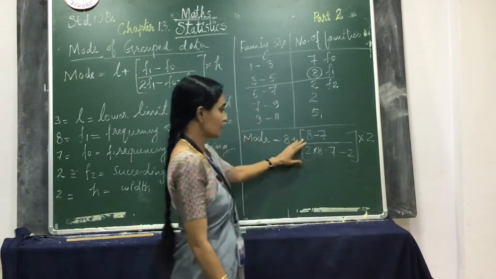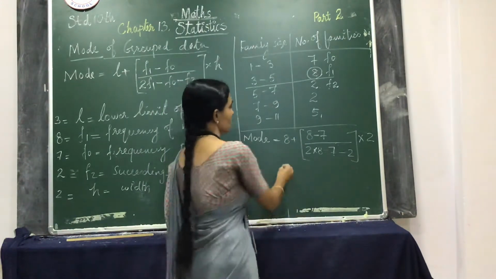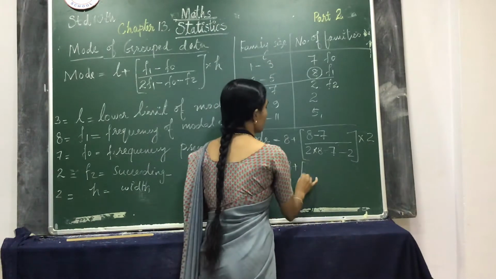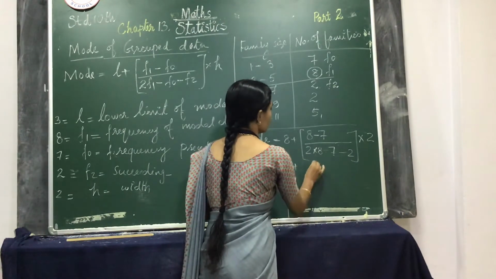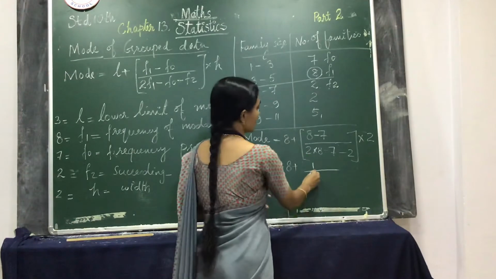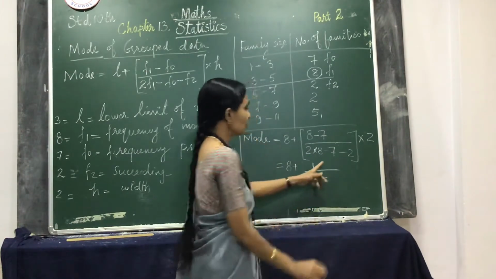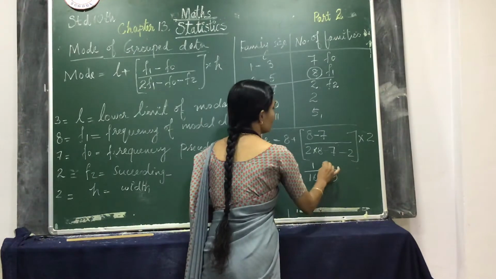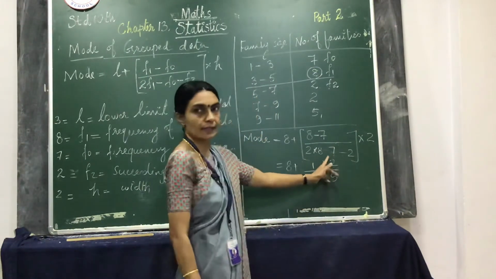Now solve. First we have to solve inside the bracket. It is 8 plus (8 minus 7, 1) divided by (2 eights are 16, minus, adding two negative numbers, we have minus 9) into 2. This 2 we can take inside.